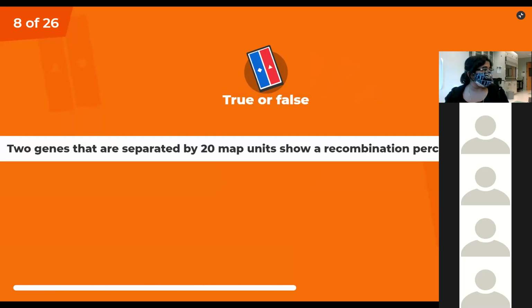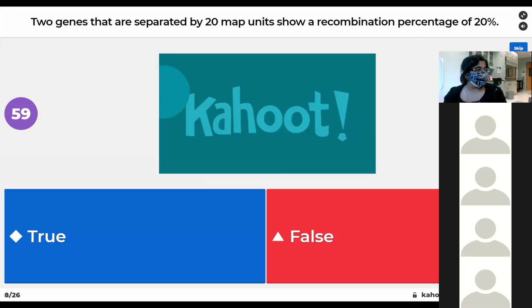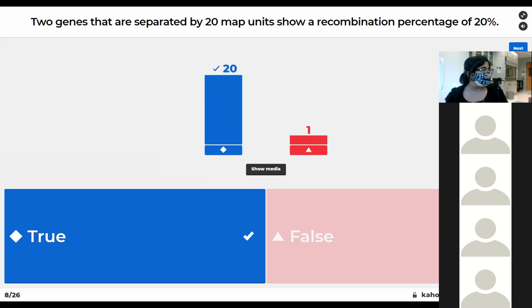Two genes that are separated by 20 map units show a recombination percentage of 20%. It is true.